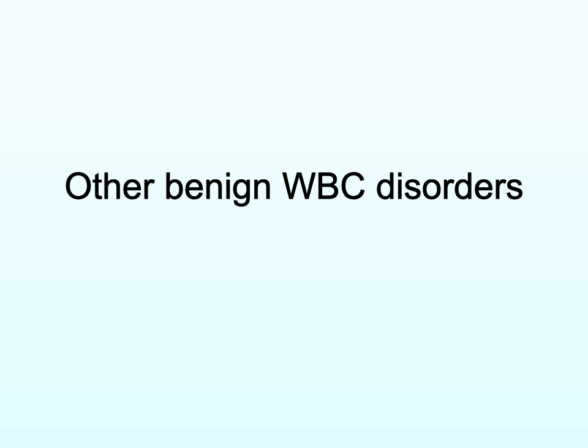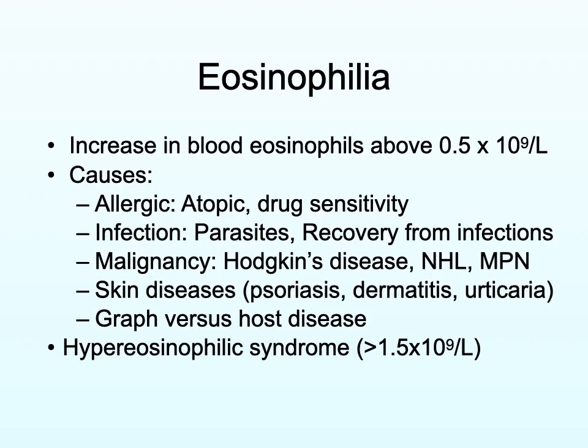Other benign white blood cell disorders. Eosinophilia, which is an increase in blood eosinophils above 0.5. Causes of eosinophilia include allergic causes, such as atopic or drug sensitivity, infection, as in parasitic infections or recovery from infections, malignancies, as in Hodgkin's disease, non-Hodgkin's lymphoma, and myeloproliferative neoplasm.